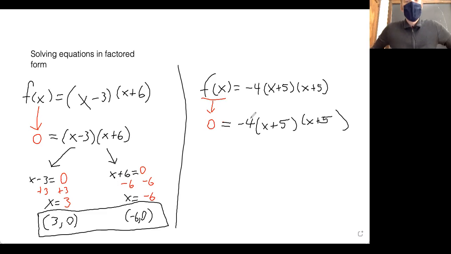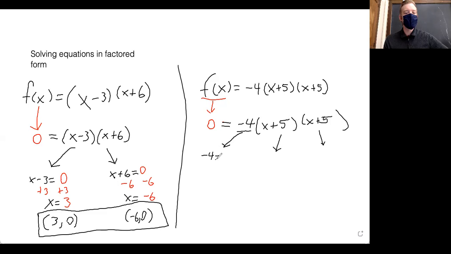So we know that we need to split things up, similar to the way that we did last time, but now we have this number that's in front of our parentheses here. I know that I can split up the two parentheses, but if I try and split up this -4 into its own equation, if I have -4 equals 0, does the number -4 ever equal the number 0?